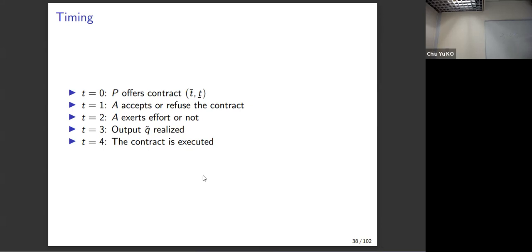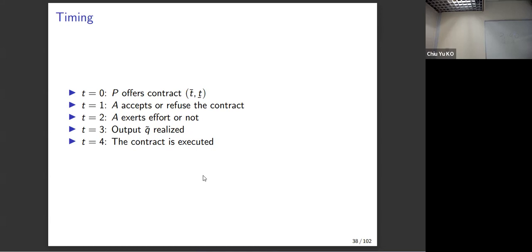The agent then takes the contract and does the production. And nature tells whether you got a high output or low output. Then output is realized, contract secured. So again, the only main thing is t equal to 0. Everything is straightforward, there's no game element there, because we assume that when the agent takes it, they will always exert effort.